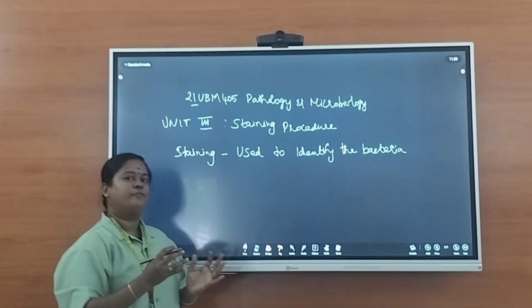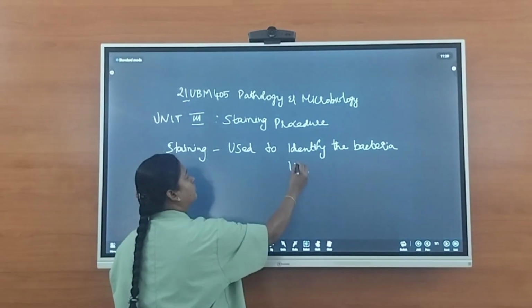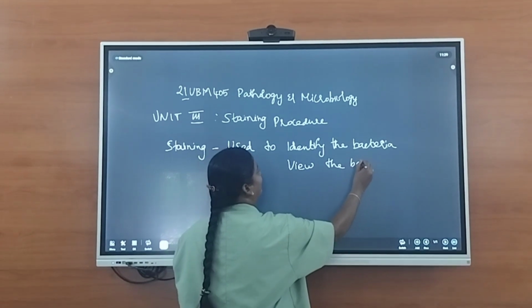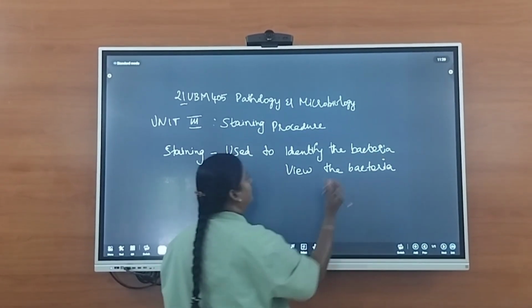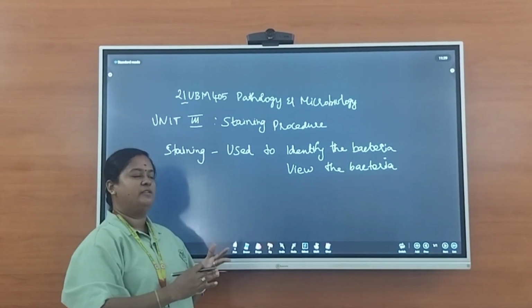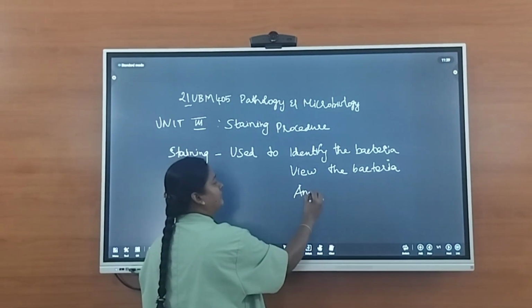So what kind of bacteria is it? First, it is used to view the bacteria and identify the bacteria under the microscope. So we are able to view the bacteria, and we can also identify the bacteria type and analyze the microorganisms.